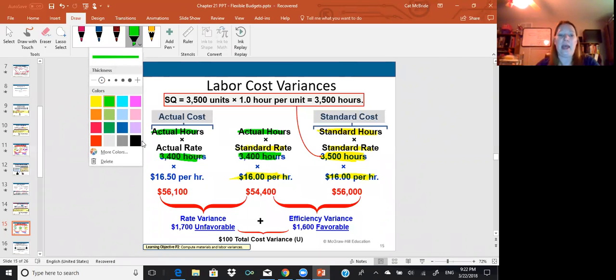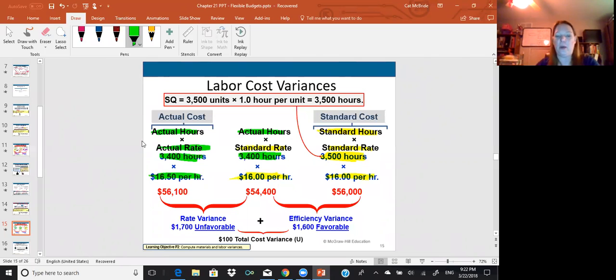We did pay $16.50 an hour. So instead of paying $16 an hour, we paid $16.50 an hour. So we paid an extra 50 cents an hour, which equates to paying $56,100 instead of $54,400. So that gave us the $1,700 unfavorable rate variance, the dollars.